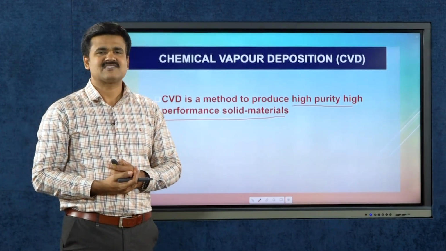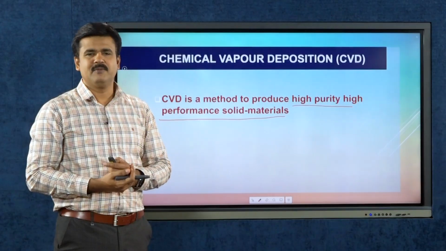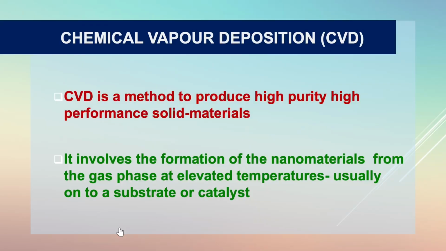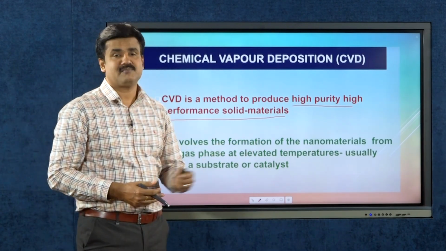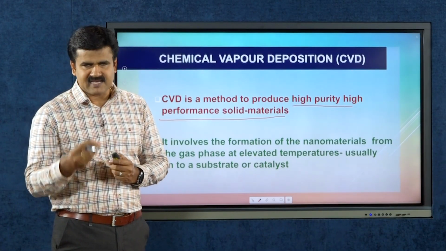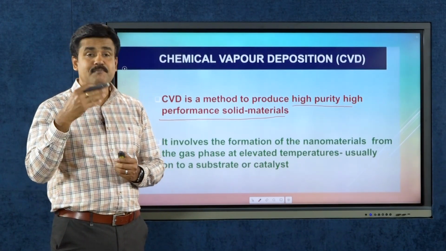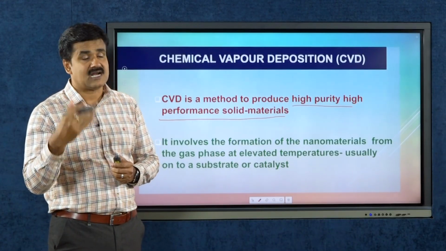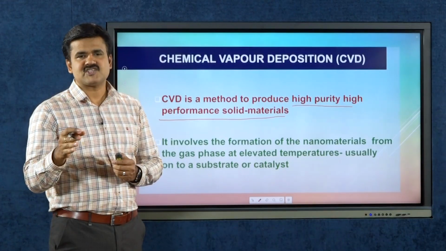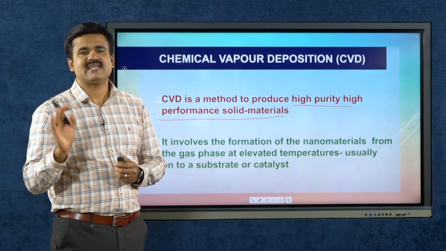So, CVD is exclusively used for the preparation of nanomaterials in solid state, and it involves the formation of nanomaterials from the gas phase, from the vapor phase, hence the name chemical vapor deposition. Gas phase at elevated temperatures, usually onto a substrate or a catalyst. This implies we have to generate vapors of some volatile precursor salt substance. These vapors are subjected to deposition on a suitable substrate or a catalyst.